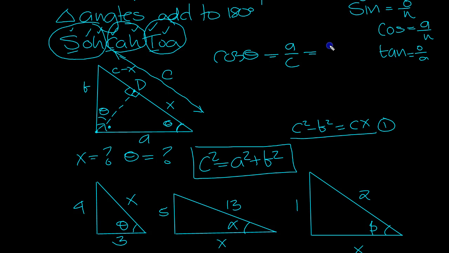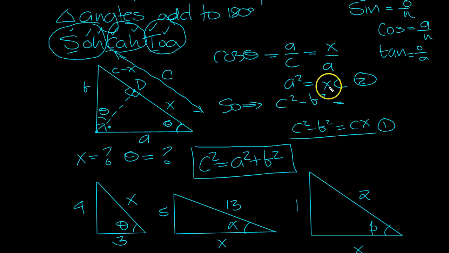Cos theta will be adjacent x over a. So move the a up, a squared is equal to x times c. See, replace that with that. So I'll put it in here. C squared minus b squared is equal to, replace the cx with a squared. And that tells us then that a squared plus b squared equals c squared, which is Pythag. So that's Pythagoras' theorem then.